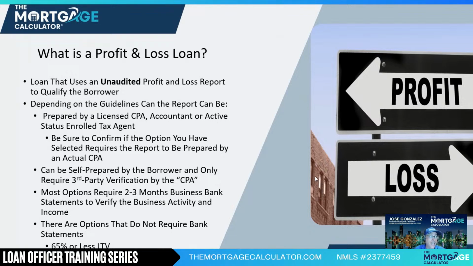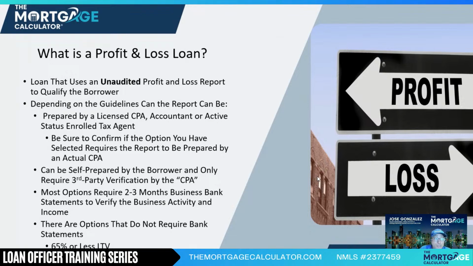Now, again, depending on the guidelines, some of the profit and loss reports can be self prepared by the borrower and only require third party verification by the quote unquote CPA. So, again, could be a guideline that requires the profit and loss to be prepared by the tax preparer, or it can be self prepared by the borrower, just with a third party verification.